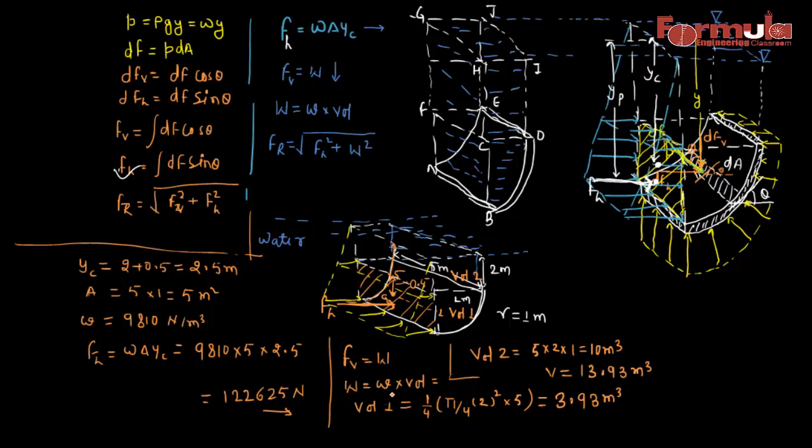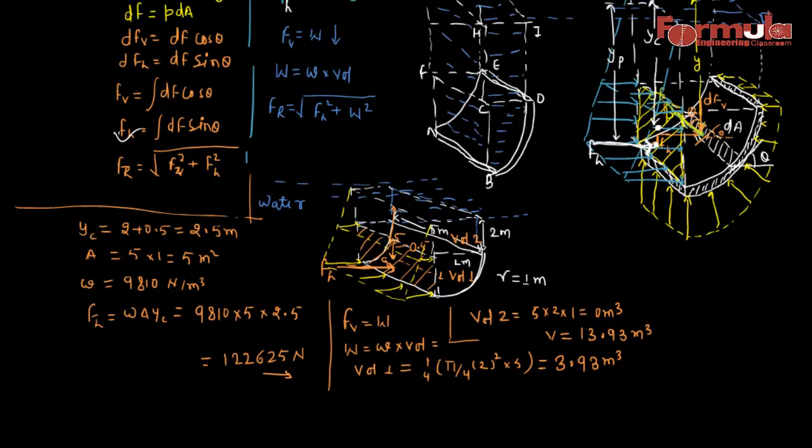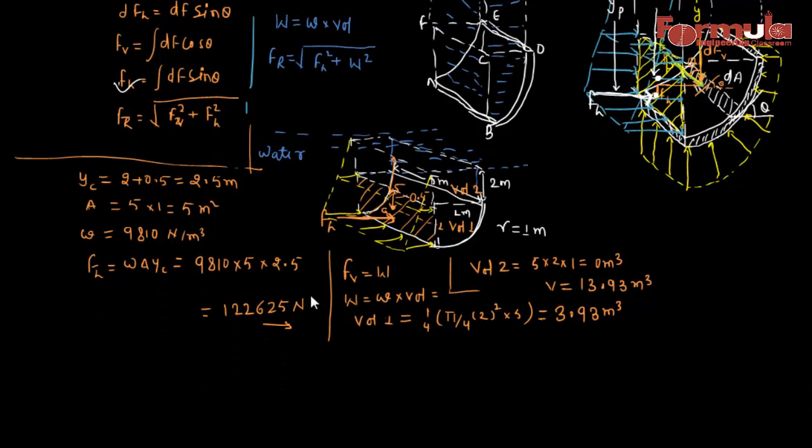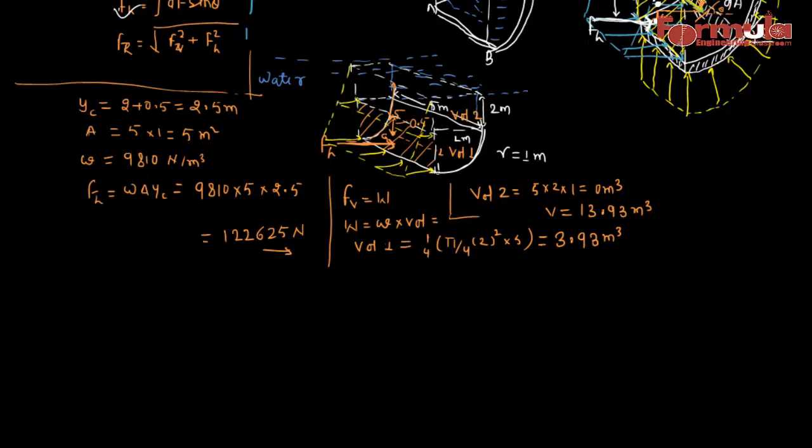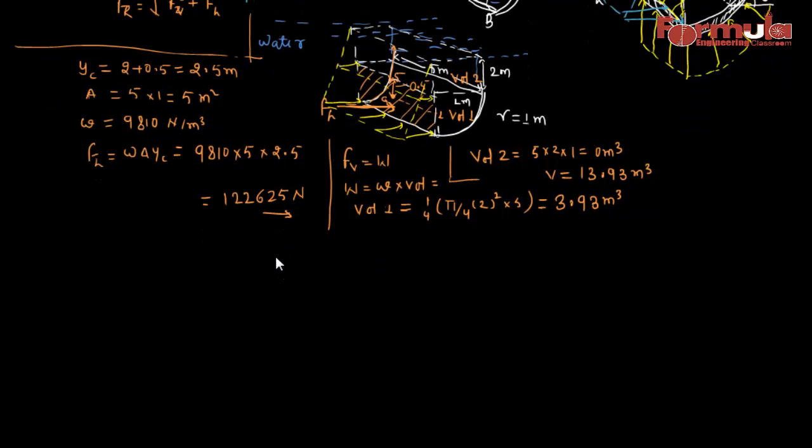Now I think we know the specific weight of water here. So in this case, the vertical force is equal to the specific weight of water, 9810, into the volume, 13.93.